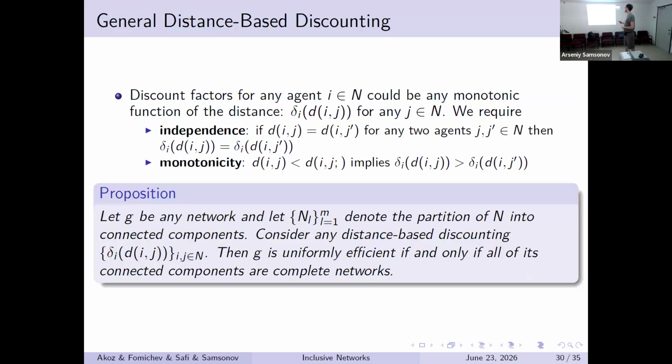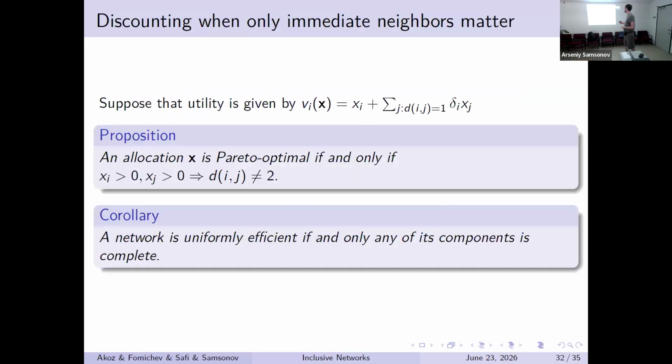Right. So one last result, and after that I will conclude, is that we can assume a functional form that people often ask about. We often get the question: why do you care about your indirect neighbors?